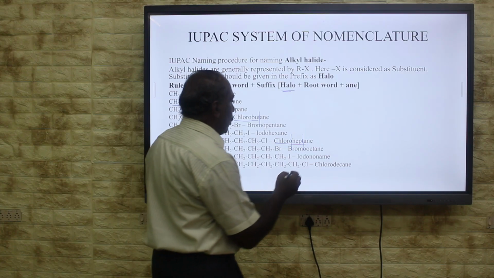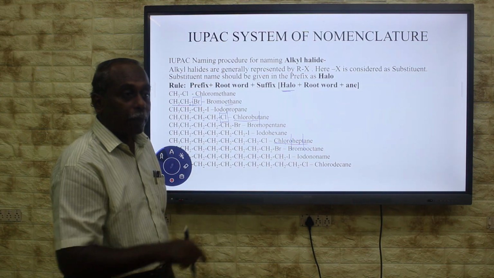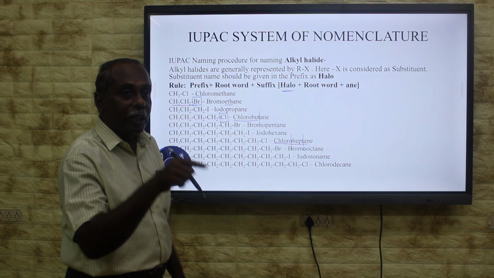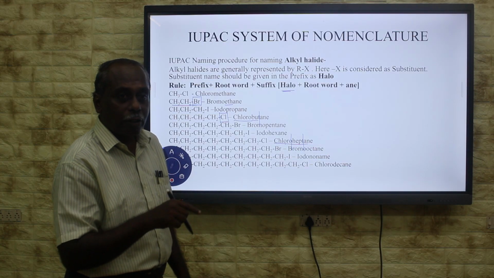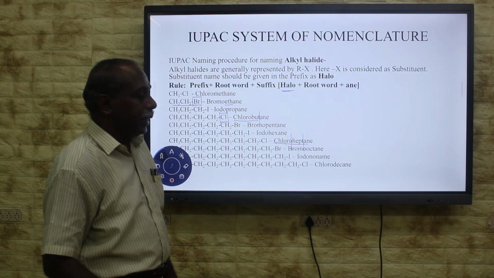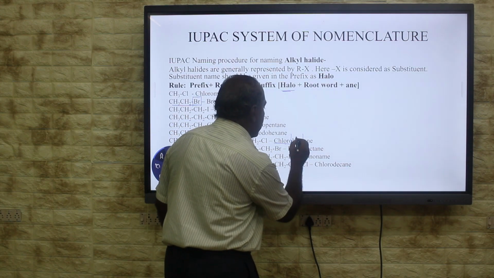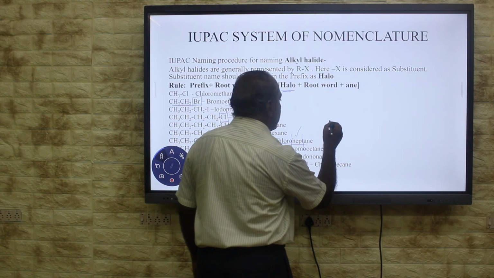Here, chloro. We are giving the name in the primary prefix, but in the structural formula of the compound, it should be at the end, or it is given in the first position. Here, first you start with the carbon chain, hept.